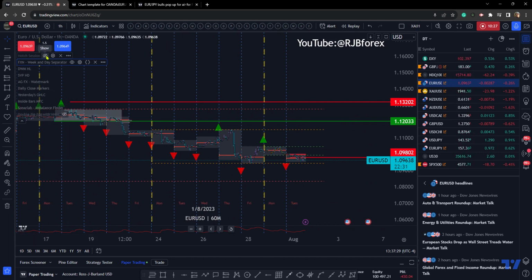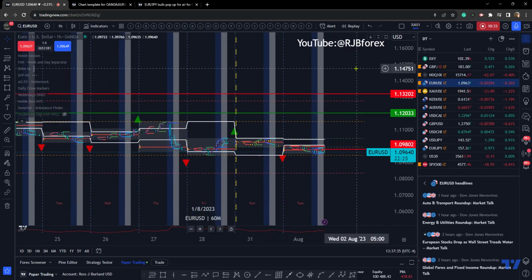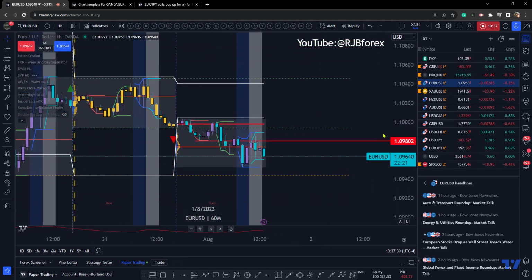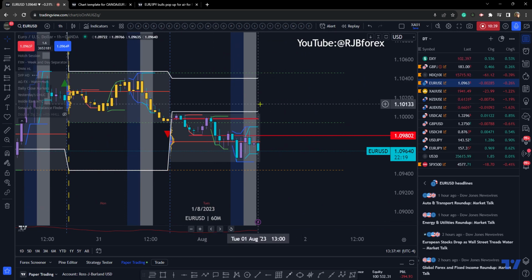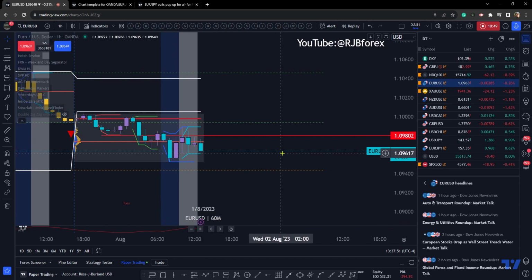We can go into hot sessions. Now, this is a friend of mine who kindly made me this indicator. And what this is giving me is the 3 sessions. So like, for instance, today, we were talking about the Asian, London, and New York. So we've got 3 sessions of lower lows and lower highs, right?